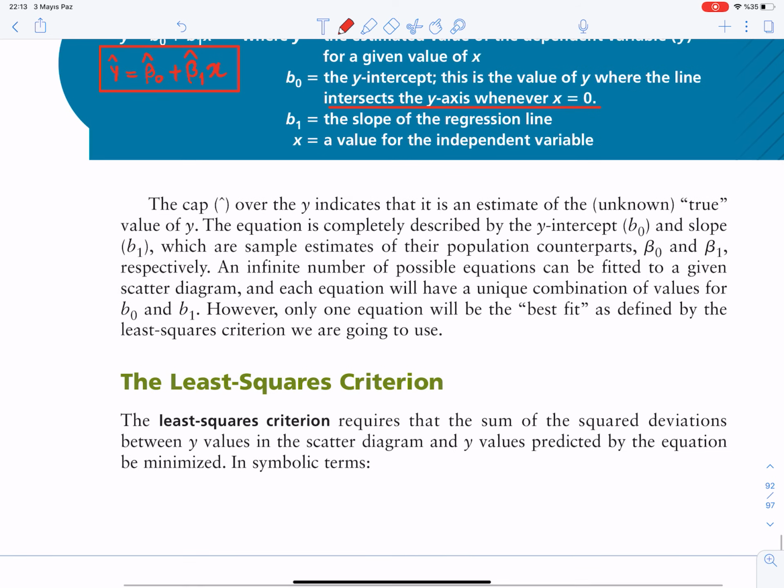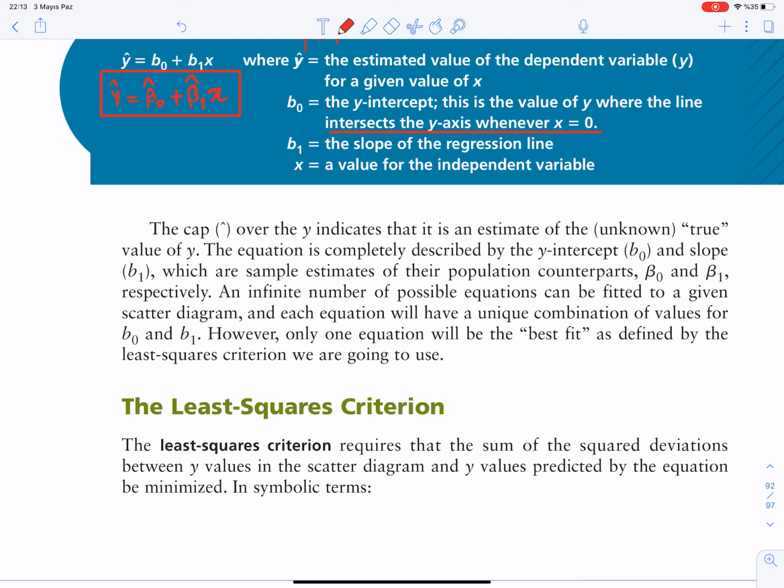The hat on the y indicates that it is an estimate of the unknown true value of y. The equation is completely described by the y-intercept beta null and the slope beta 1, which are the sample estimates of their population counterparts, beta null and beta 1, respectively.